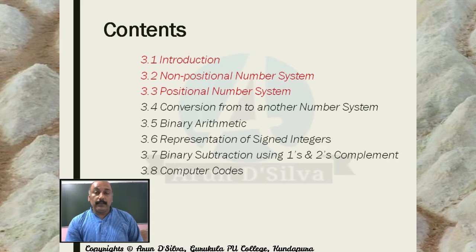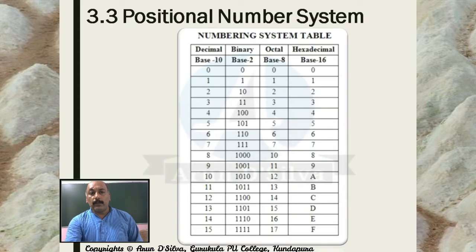Therefore the base of that number system is 16. I'm keeping in front of you the picture of the positional number systems. We have seen decimal, binary, octal, hexadecimal. As I told you, the base of decimal is 10, binary is 2, octal is 8, and hexadecimal is 16.